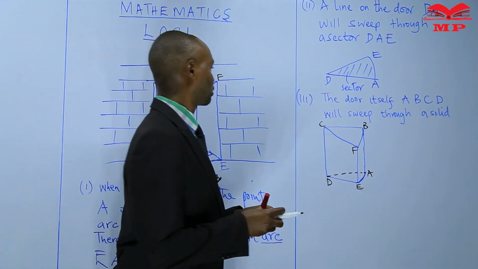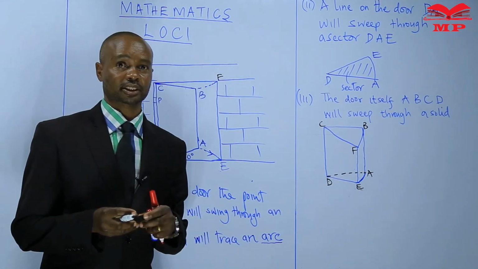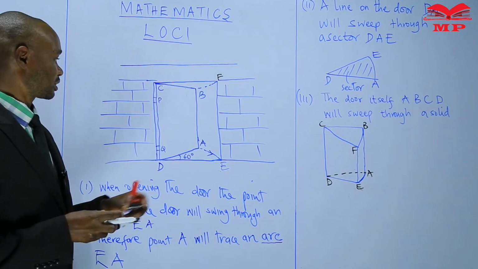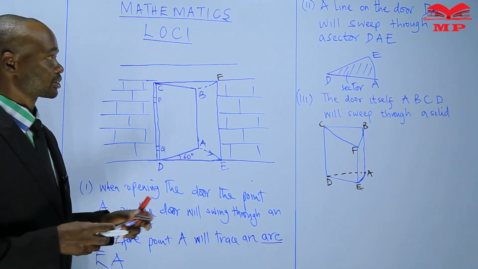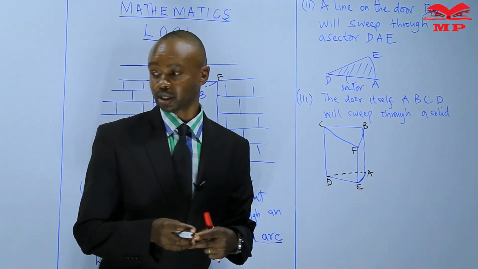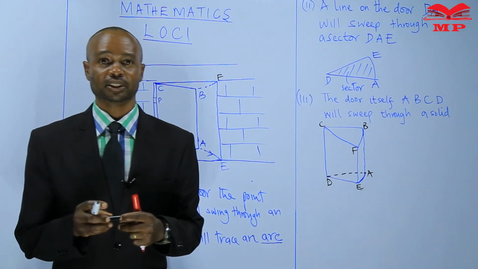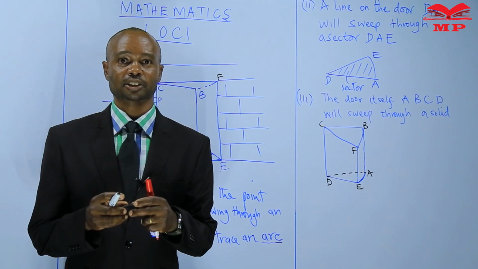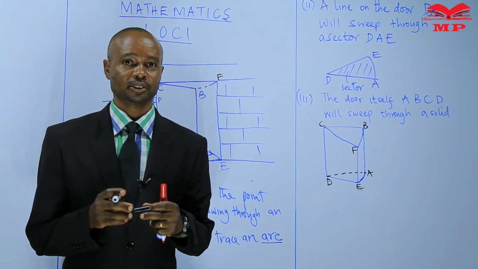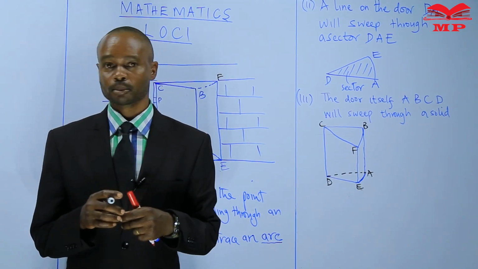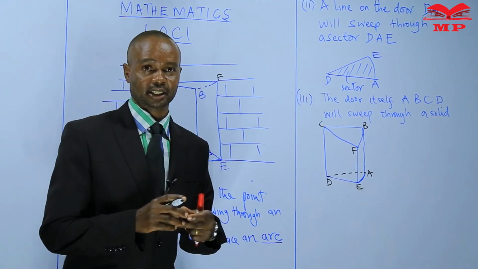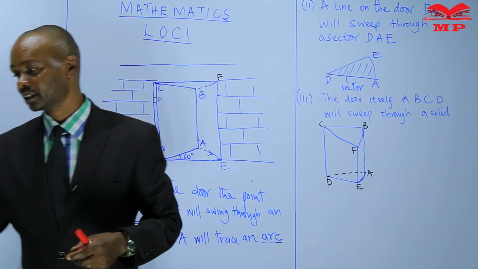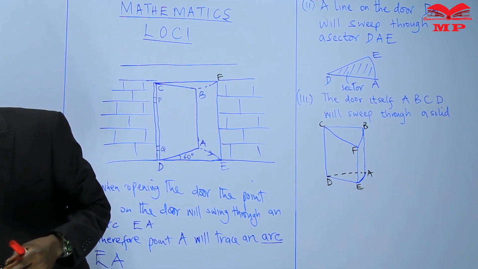That solid, if you look at it well, is a fraction of a cylinder with a sectorial angle of 60 degrees. Having seen the 3, it will give us a proper definition of a locus. Locus is singular, loci, plural. If there are 3 of them, those are loci. But if it is 1, it is a locus.